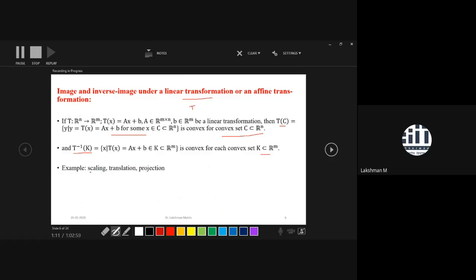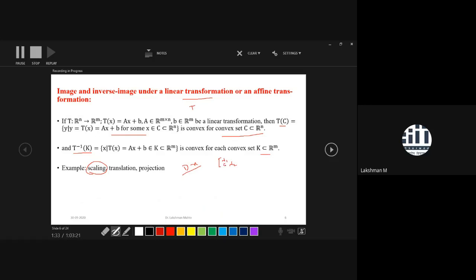A simple example is scaling. How do you do a scaling? You take a vector and multiply it with a diagonal matrix. If you multiply a vector with a diagonal matrix, this operation is called scaling. Because what is a diagonal matrix? A diagonal matrix has non-zero entries along the diagonal, and the off-diagonal elements happen to be zero.